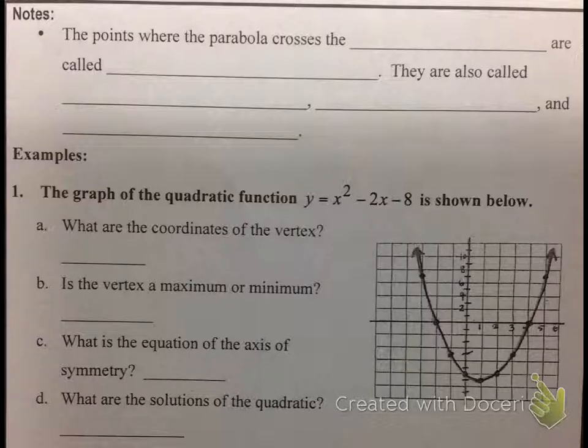All right, let's move on. The point where the parabola crosses the x-axis are called the x-intercepts.